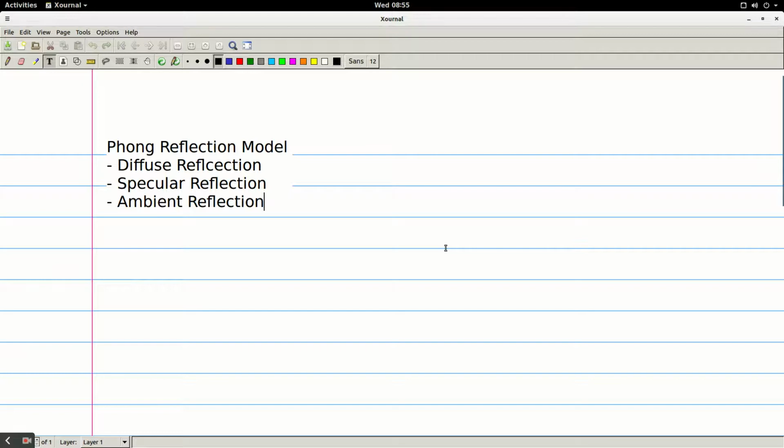Your brain will help as well. So it's a combination of everything together. What I want to stress is that the ambient light source is ever present. You don't have the sense of the source. You don't know where the source is. You'll have a very dim light all across the scene. So it's a very small component.